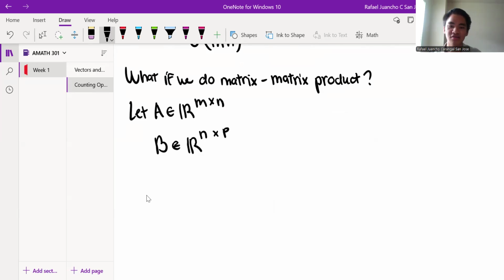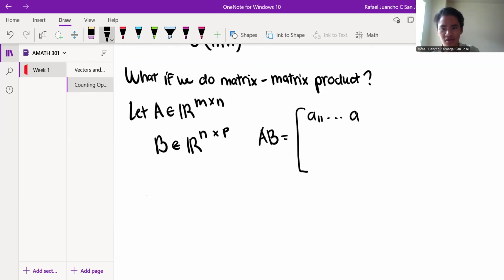Why did I make this n? Because the number of columns of A has to be equal to the number of rows of B for this matrix to work. It's just that simple. If one of them is greater or less, then we have nothing to multiply to. Okay, now let's draw. So AB, let's make it general.